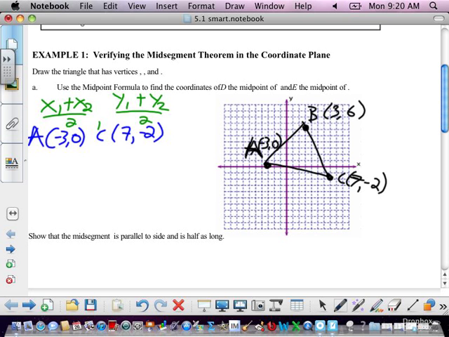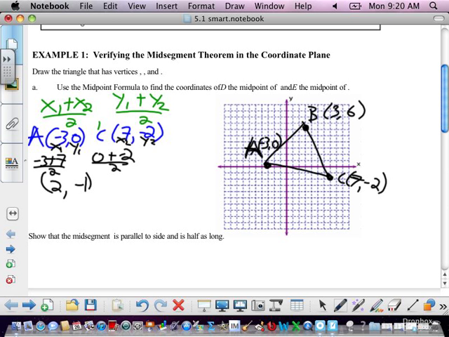At least for the first couple of these, I recommend that you label them: x1, y1, x2, y2. So negative 3 plus 7 divided by 2, and 0 plus negative 2 divided by 2. Negative 3 plus 7 is 4. 4 divided by 2 is 2. 0 plus negative 2 is negative 2. Negative 2 divided by 2 is negative 1.